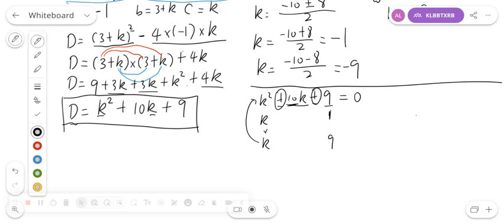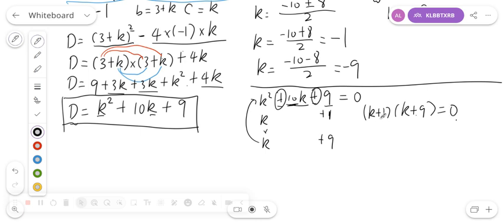So everything can stay positive in this case. Then I can easily factorize it into k plus 1 times k plus 9 equals to 0. So then apply the null factor law.